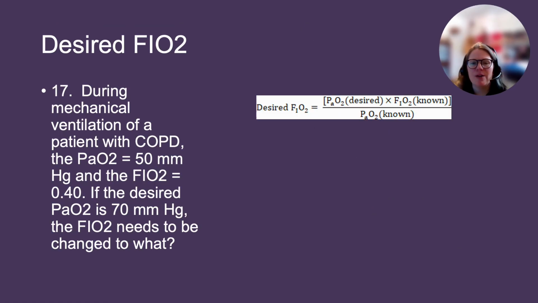All right, guys, we're going to work this problem to figure out our desired FiO2. During mechanical ventilation of a patient with COPD, the PaO2 is 50. FiO2 is set at 40%. If the desired PaO2 is 70, what FiO2 do we need to change this patient to?